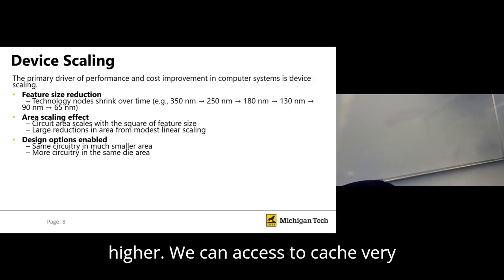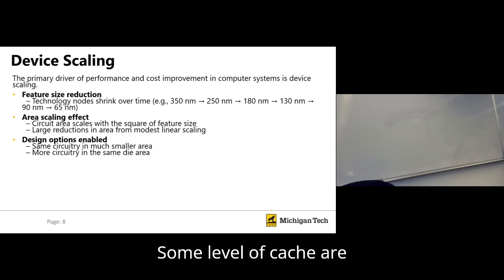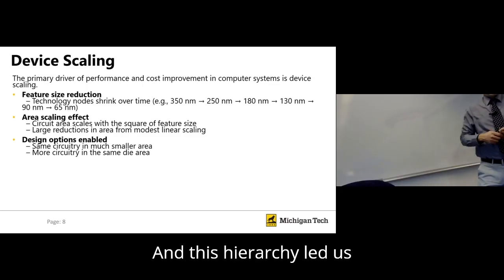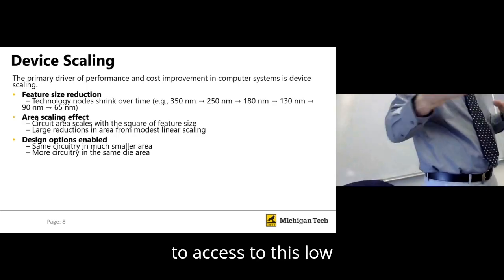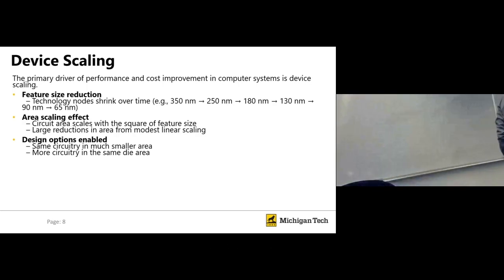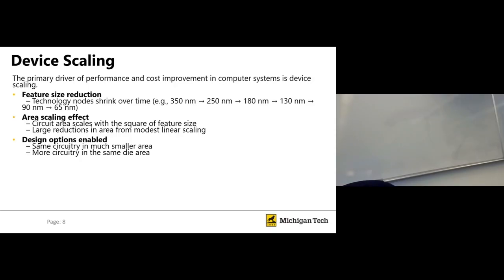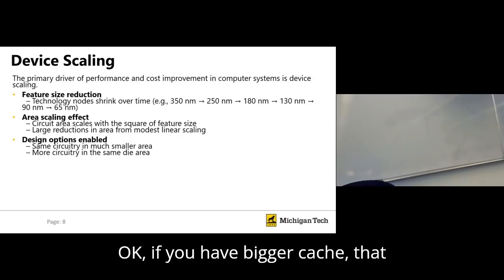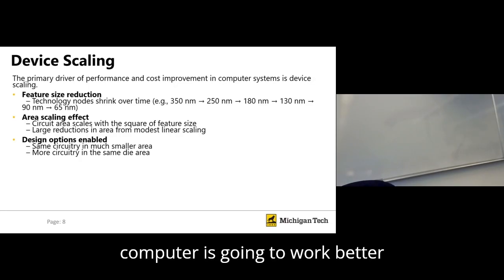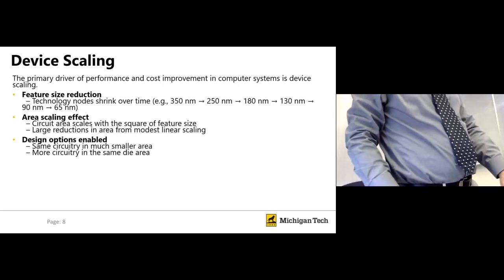We can access cache much faster, and some levels of cache are inside the CPU. This hierarchy lets us access the low performance memory much faster. If you have a bigger cache, the computer is going to work better, with higher performance.